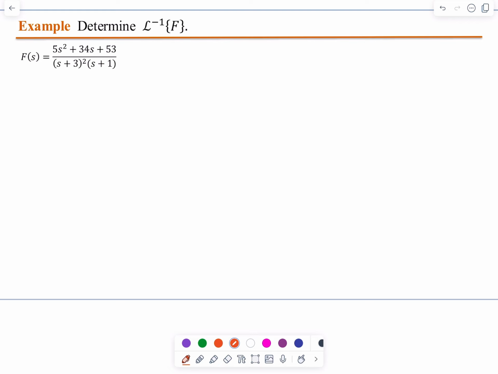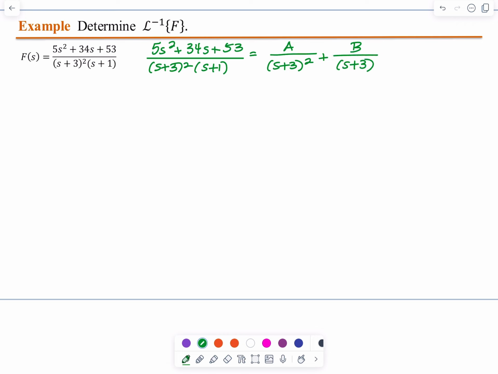So let's go ahead and work on that partial fraction first. So we can say that 5s squared plus 34s plus 53 divided by s plus 3 squared multiplied by s plus 1 is equal to, and now we're going to say a divided by s plus 3 squared plus b divided by s plus 3.